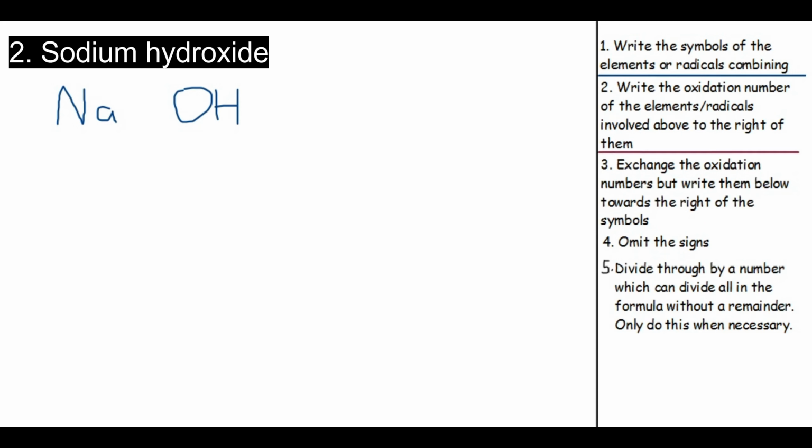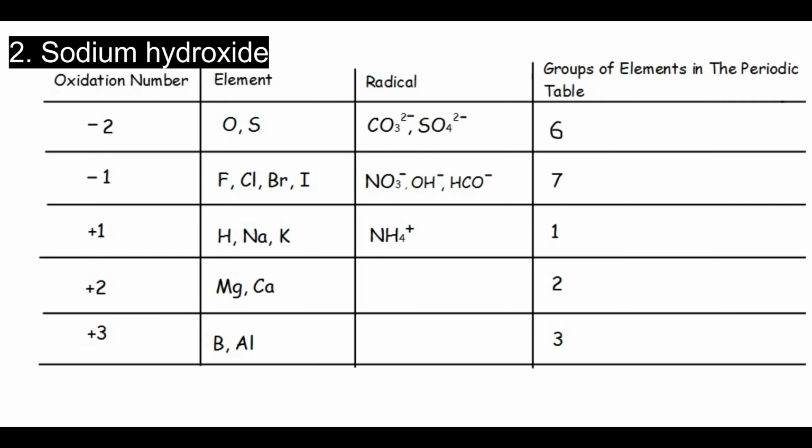Write the oxidation number of the elements or radicals involved. Now, if you go back to the table, you'll see that the oxidation number of sodium is +1, and the oxidation number of the hydroxide ion is -1.